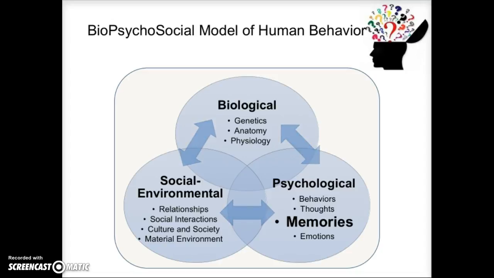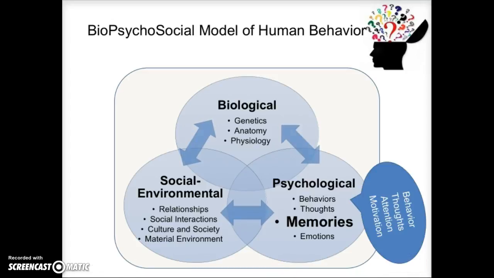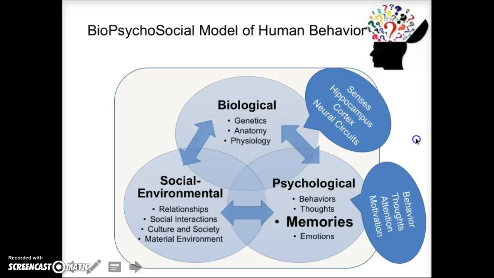The focus is on memory, which is a psychological construct that includes behaviors, thoughts, attention, and motivations, which are also psychological factors. There are biological factors related to your senses, the hippocampus, the cortex of the brain, and neural circuits in the nervous system.